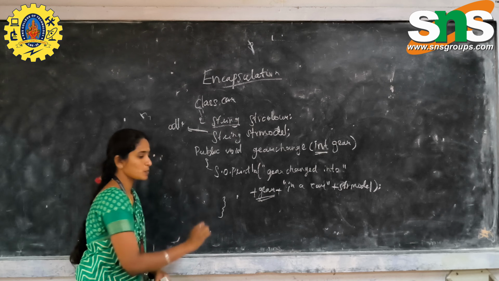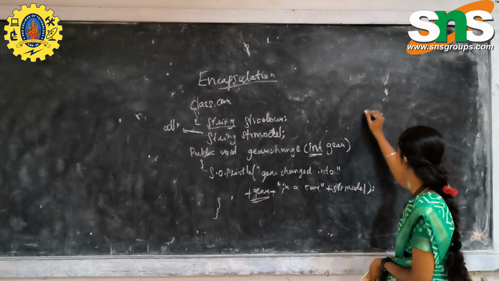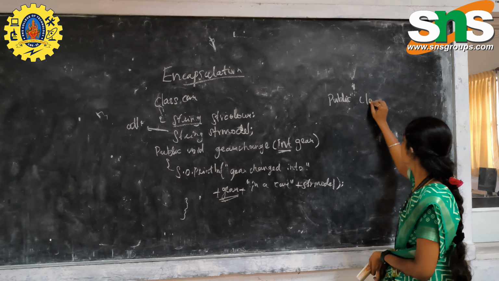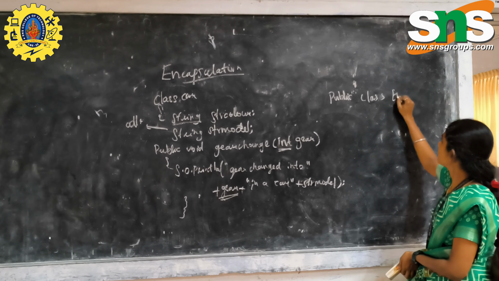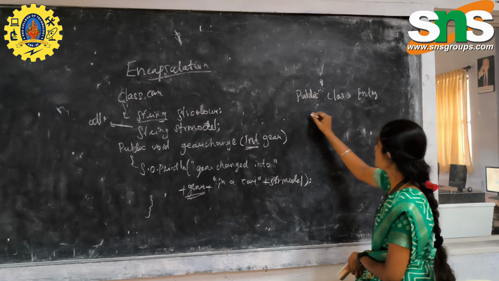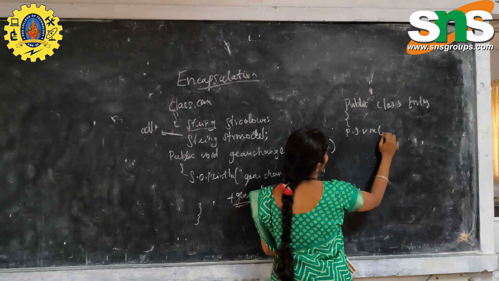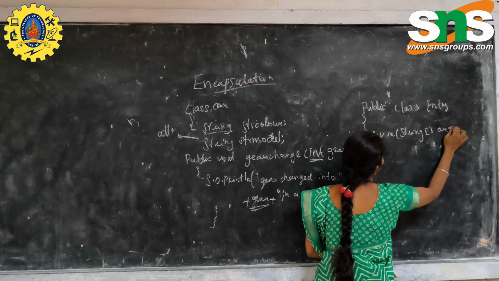So I have to close my method. Then I need to define my main class: public class entry. In this, public static void main String args.